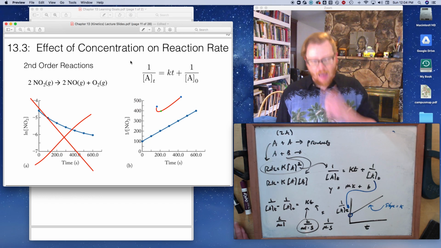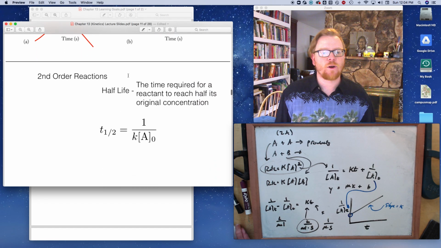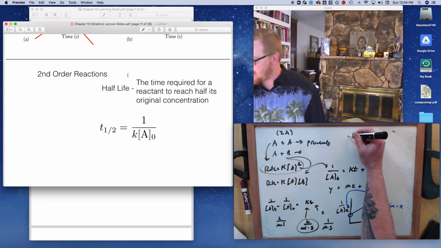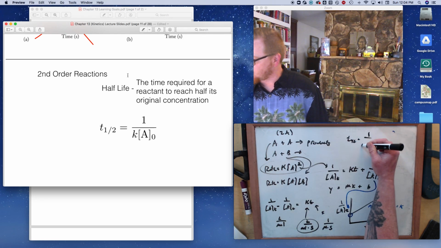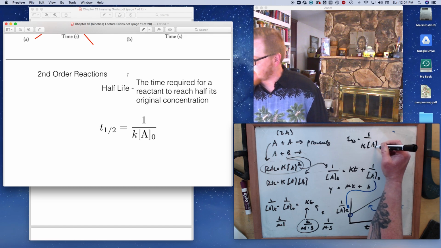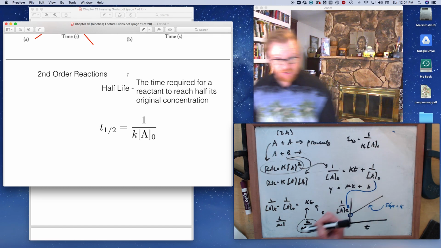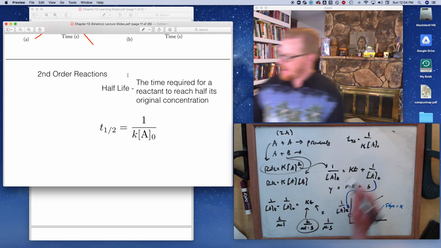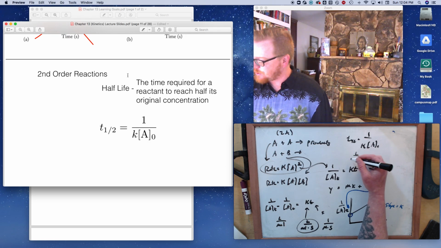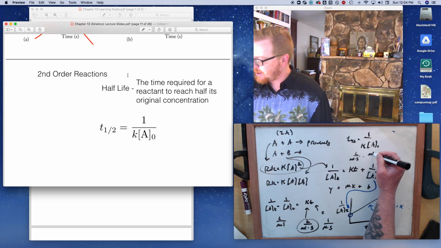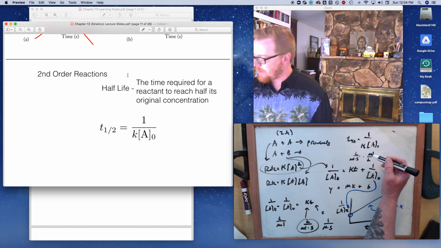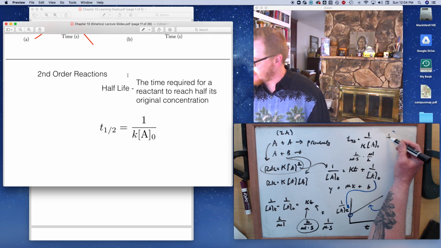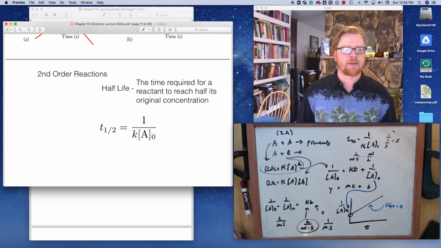Great. Now the half-life equation for a second order reaction is t1/2 equals 1 over k times the initial concentration. If you think about this, if the units of k are liters over mole per second and concentration here is mole per liter, then that gives me a 1 over seconds, which just equals seconds, and that makes sense because it is a half-life.